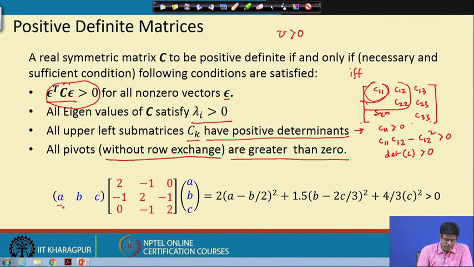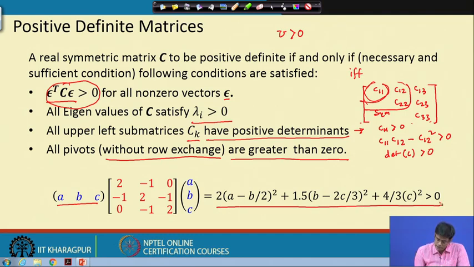Suppose there is a vector a, b, c, and this is a matrix. If I take the transpose of this vector, the components are a, b, c, and then multiply, and again multiply the vector, then we get this quantity. Now, look carefully, this is a square term. So, irrespective of the values of a and b, this quantity will always be greater than 0. Similarly for b and c, irrespective of the values of b and c, this quantity will be greater than 0.